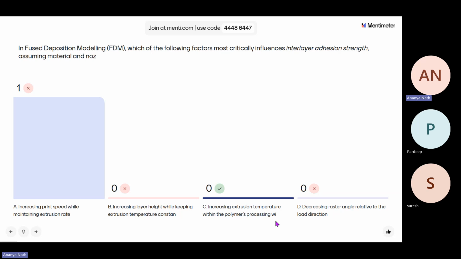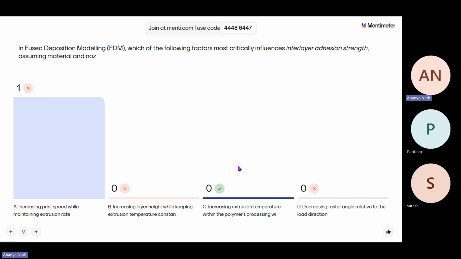If you are interested in increasing the strength, then you have to play with the temperature of the polymer processing. This is the most influential parameter. So when you have this type of question, you have to be concerned about which parameter has the most influence over the process.